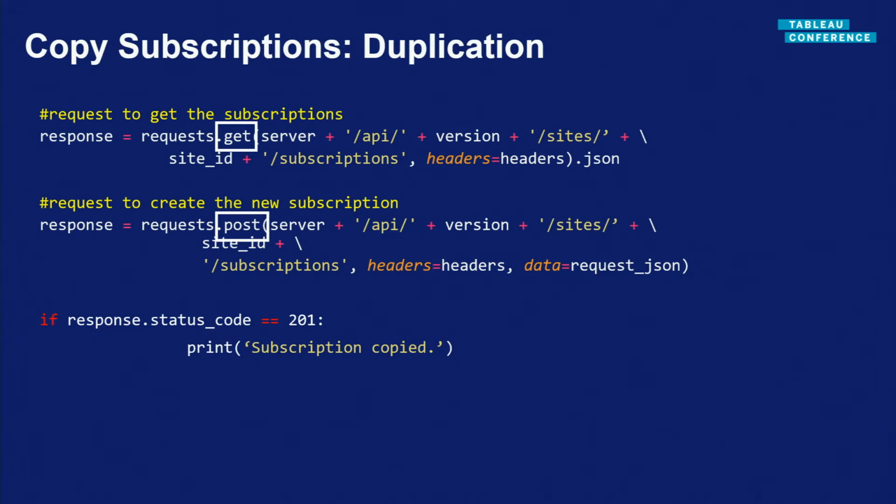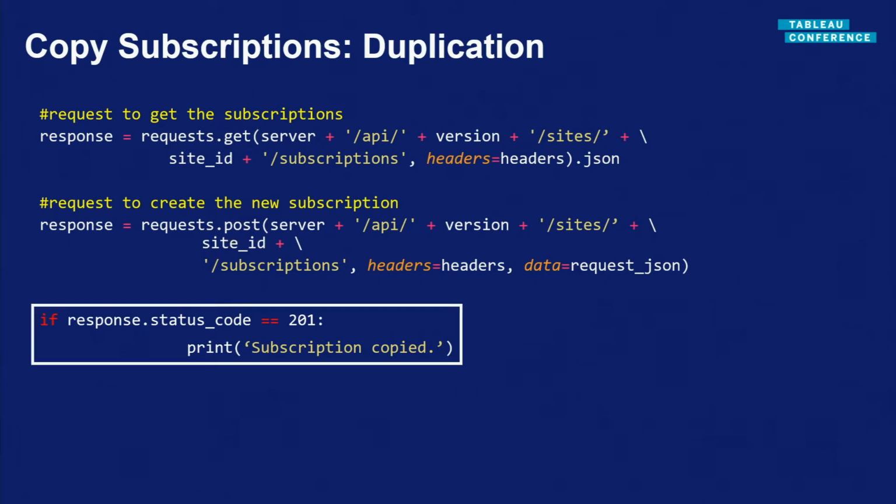In this case, we're using get to query the subscriptions and a post to create the new one. Finally, all HTTP responses include numeric response codes, such as 200, which means OK, 400 indicates you made a bad request, or in this case, 201, which indicates something was created on the server.